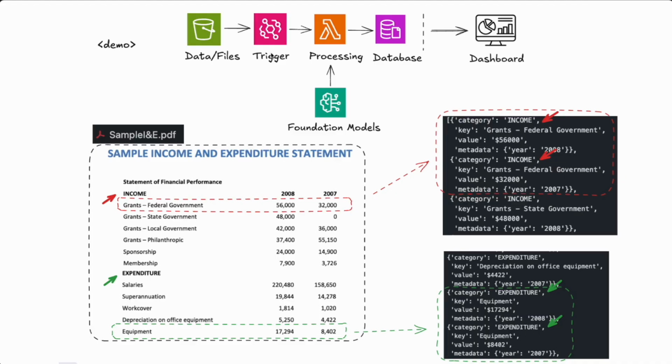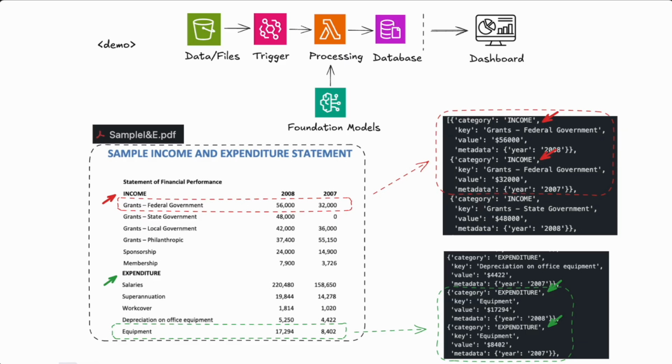The statement contains two categories, income and expenditure, with data for two separate years, 2007 and 2008, listed in the columns here. You can see that the large language model processes and extracts the correct information into structured JSON format, which can then be ingested into the downstream database for dashboarding purposes.